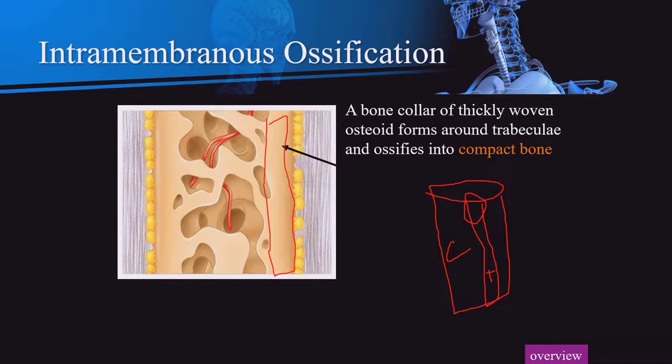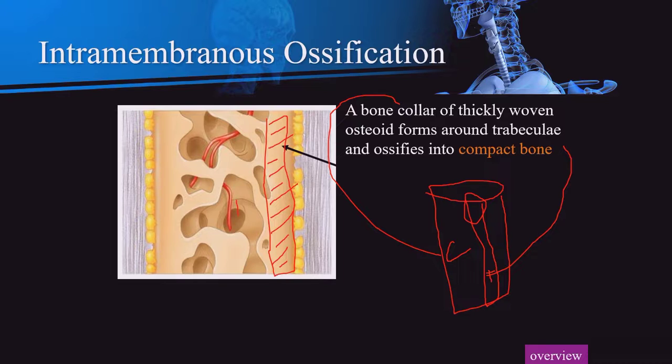Now this bone collar, or the thickly formed bone matrix, ossifies, okay, the bone matrix ossifies or calcifies or mineralizes, whatever you call it, and then it converts into compact bone. So what you have now is the surrounding or the cortex of the long bone that is formed by the compact bone.